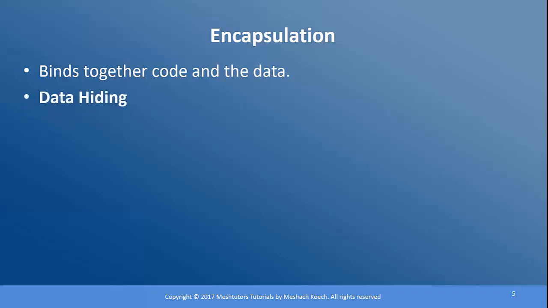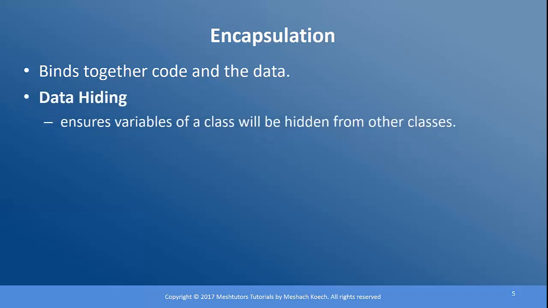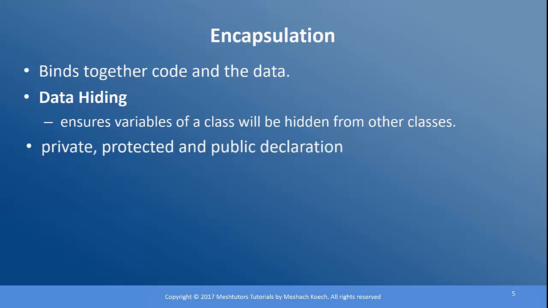Data hiding in encapsulation ensures that the variables of a class will be hidden from other classes and can be accessed only through the methods of their current class. We will explore encapsulation further, where we will look at private, protected, and public declarations of variables and the use of getters and setters.